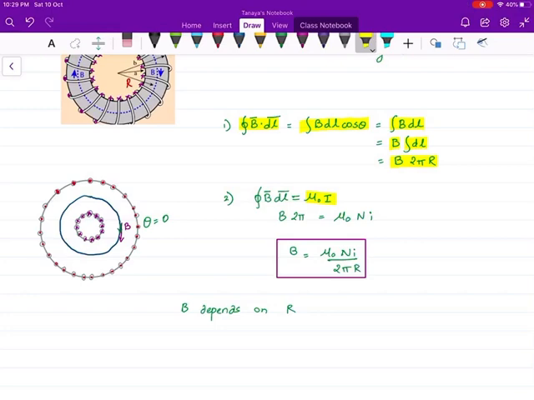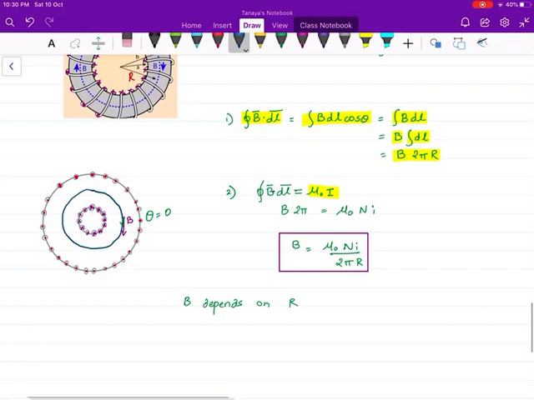So B bar dot dl bar is equal to mu naught I, where the left side is B into 2 pi R.